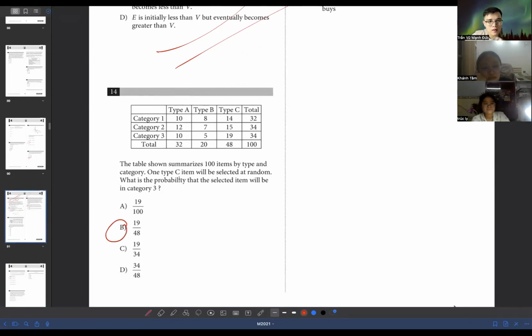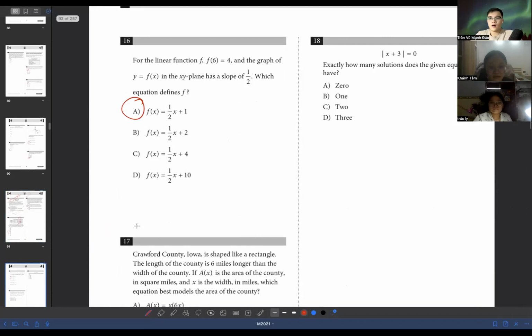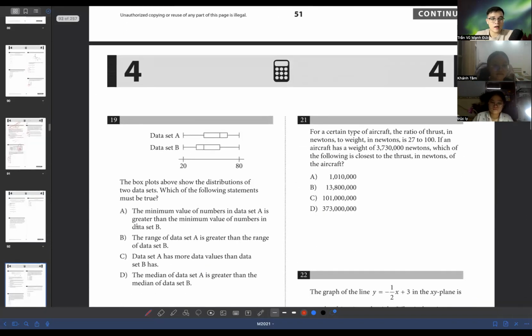Let's see. One type C item will be selected at random. So this will be the largest population. So 48. Very good. And it will be category 3. 19 over 48. Very good. B. Okay. Great.